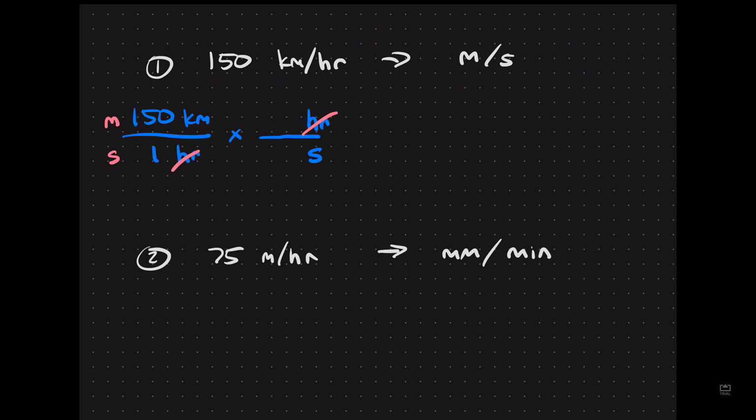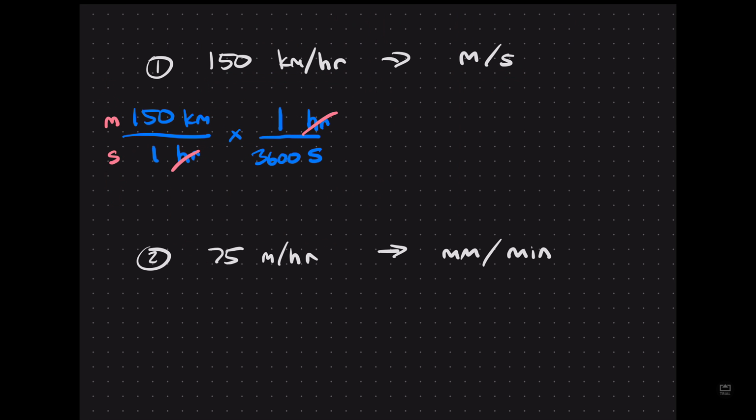And now I'm going to just basically say, well, how many seconds are in an hour? There are 3,600 seconds in 1 hour. And I know that because there are 60 minutes in an hour and 60 seconds in a minute, and 60 times 60 is 3,600.